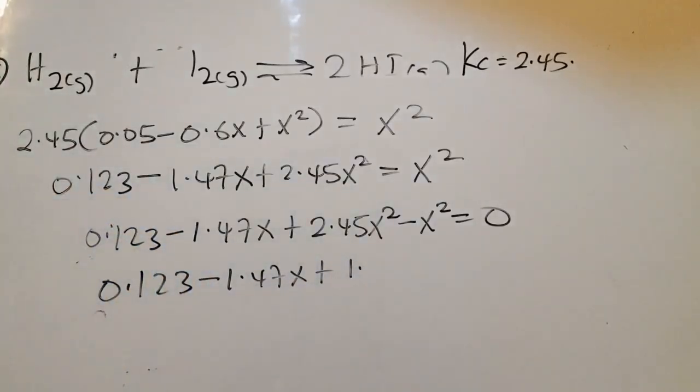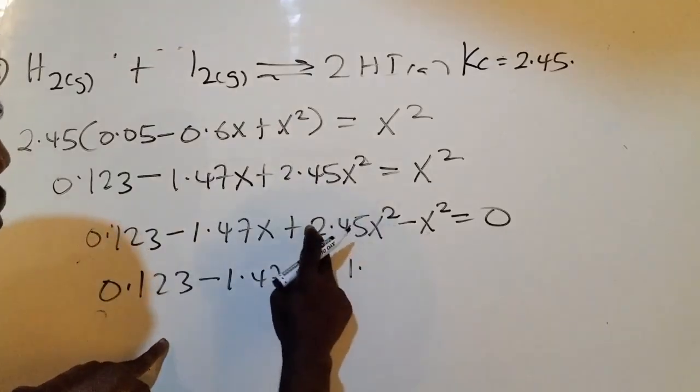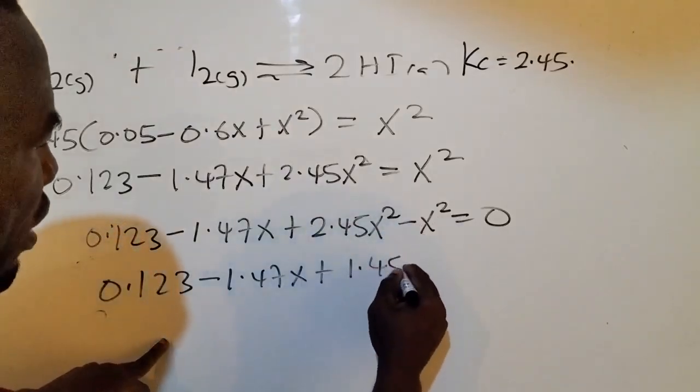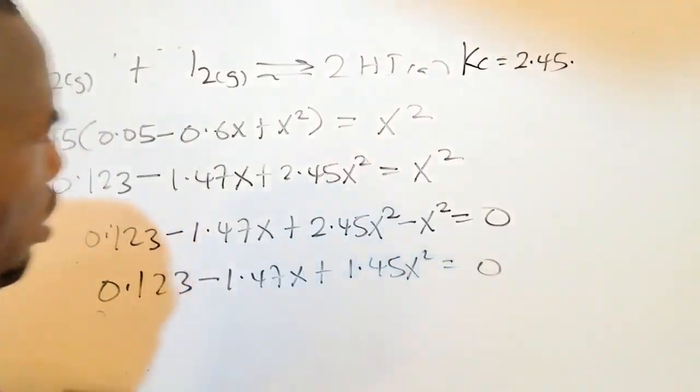If you do the mathematics very well, that gives us about 1.45s squared. So let's be very sure of our answers. Let's go through it once more. This is 2 minus 1 here, gives us 1.45s squared equal to 0.